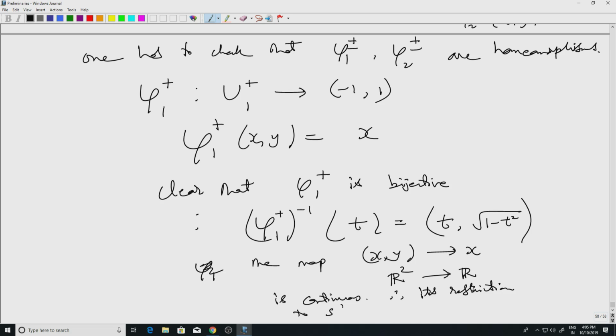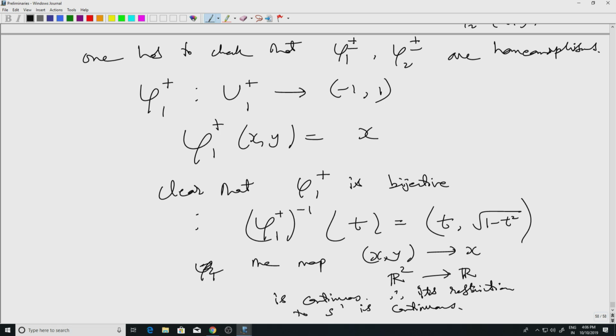The point here is that the topology on S1 can be regarded as coming from the metric induced by R2, or one can just look at the topology on R2 and take the subspace topology on this. It's the same thing. So if I have a map on the bigger space, its restriction to S1 is continuous.